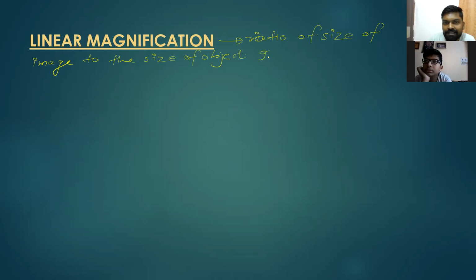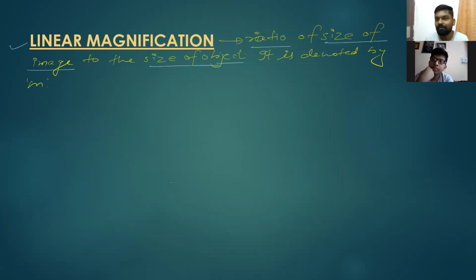It is denoted by small m. So this is the definition for linear magnification: the ratio of size of image to the size of object. In books it may also be written as height of image.